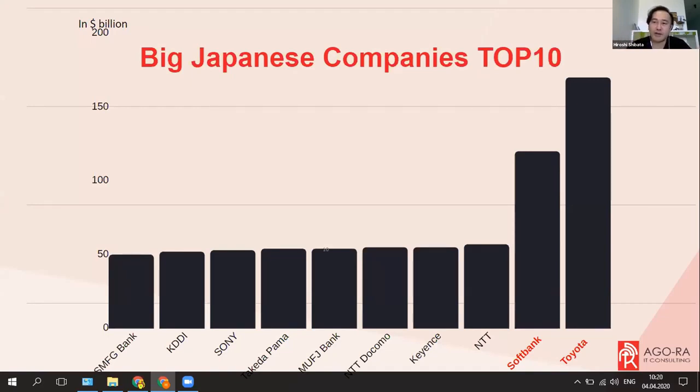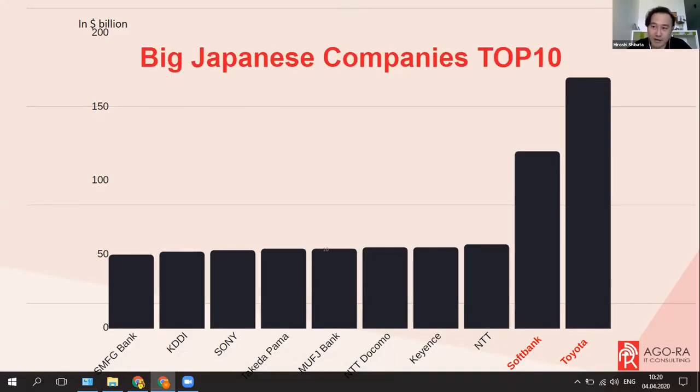If you look at Japan, we have a lot of large corporations, and it's not like a few companies monopolizing the industry. As you can see, Toyota is quite huge. However, we have other car manufacturers like Mitsubishi, Nissan, Suzuki, Honda.